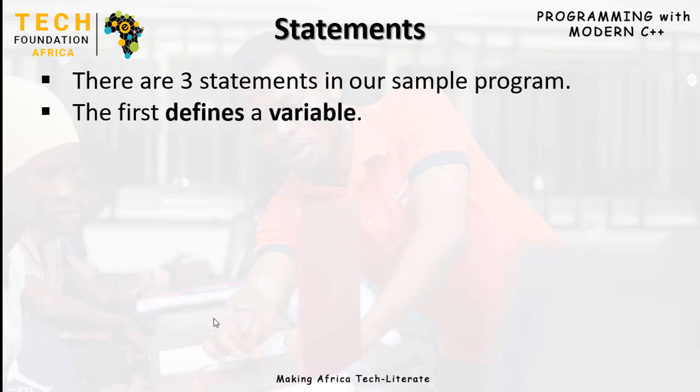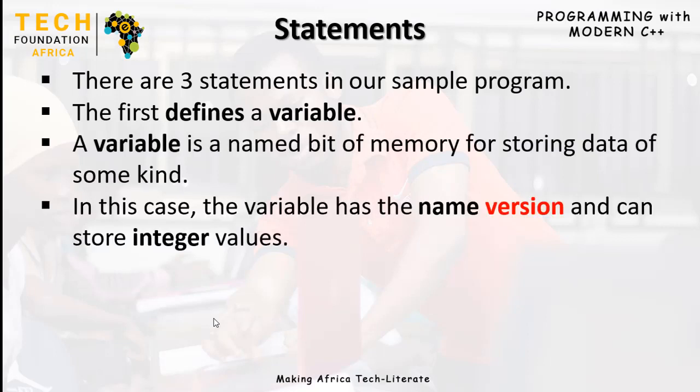Now the first one defines what we call a variable. Okay, the first defines a variable, which is the name of a bit of memory for storing data of some kind. In our sample program, the variable has the name version, and it can store integer values. Now how do I know that it can store integer values? Remember, we wrote something like int version.